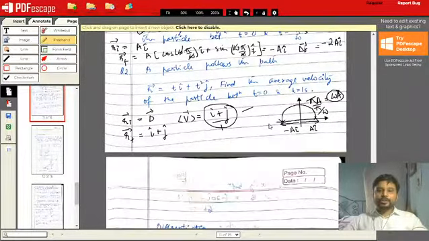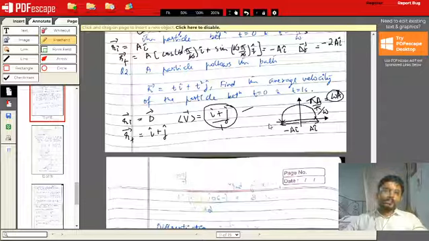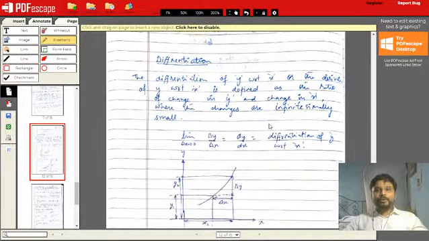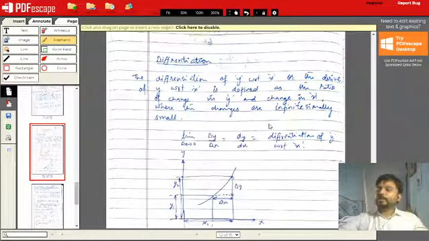So that was our discussion on average velocity. Next, we want to proceed towards what is the velocity of the particle at some particular instant. So how do we do that?